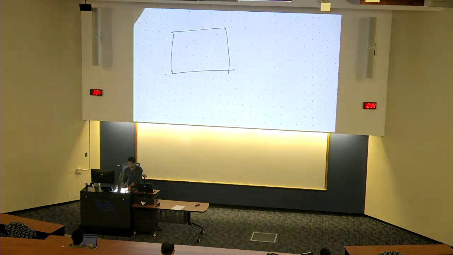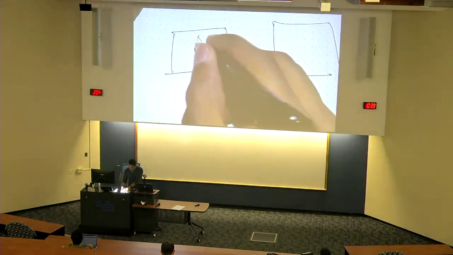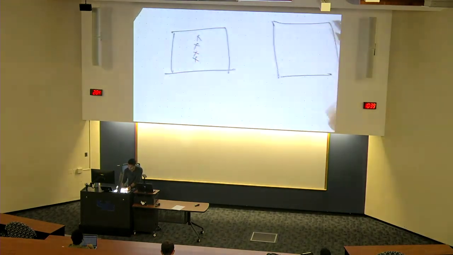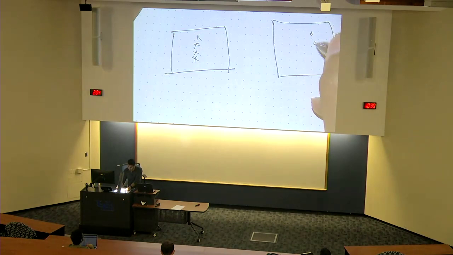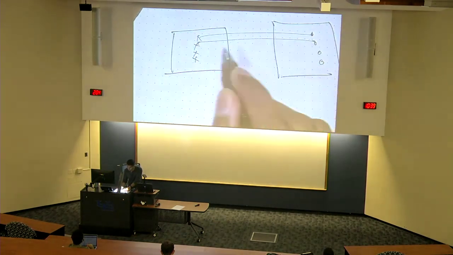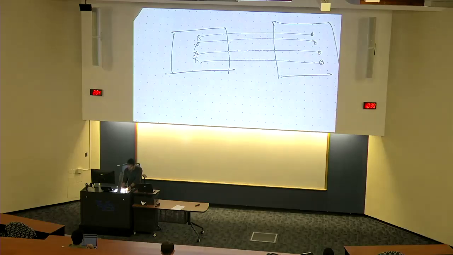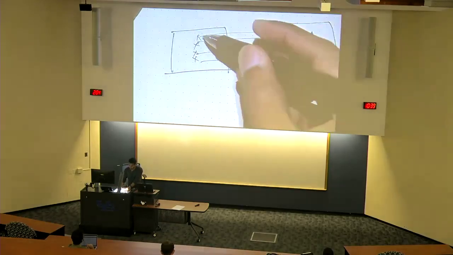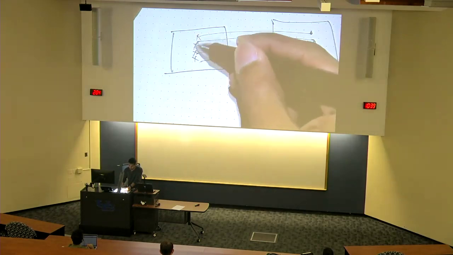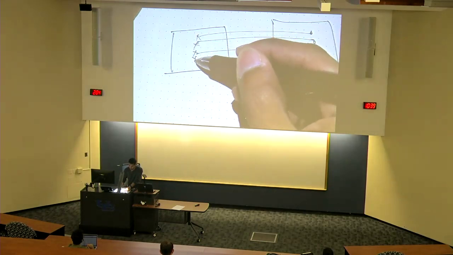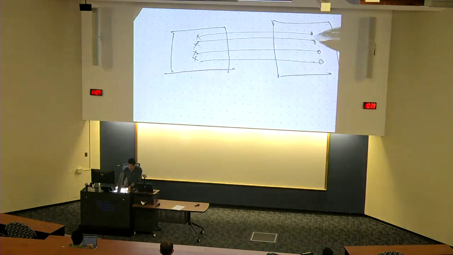So that's the first image. Then there's the second one. You get features, let's say here, and then there's the other set of features that's over here. This is how they match. Now, to account for the scale difference between these points relative to these, let's say these are farther apart, but they're the same feature.